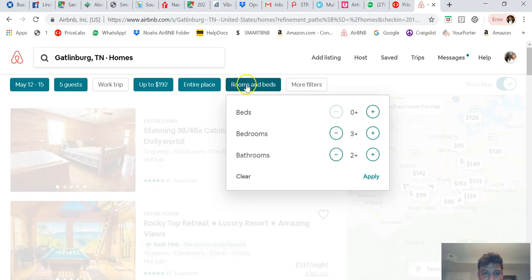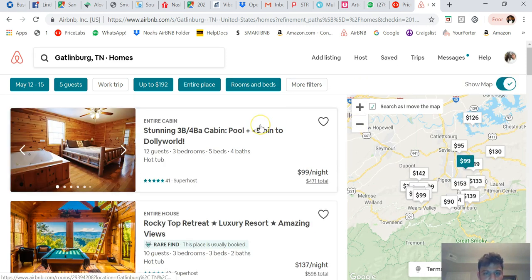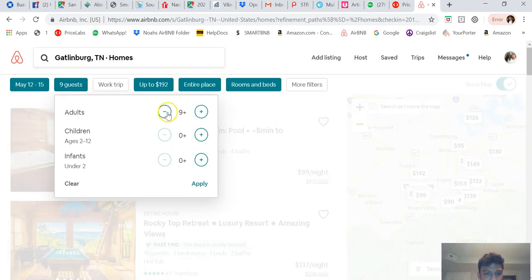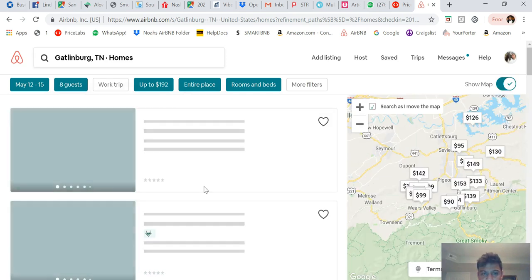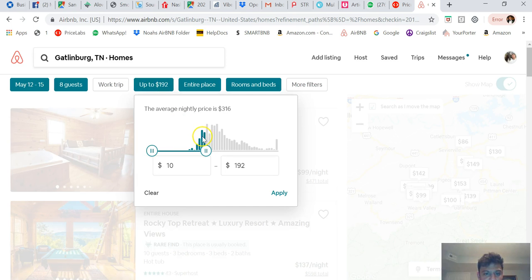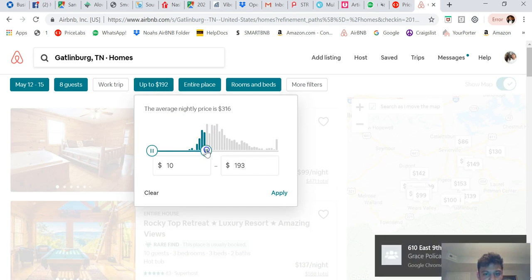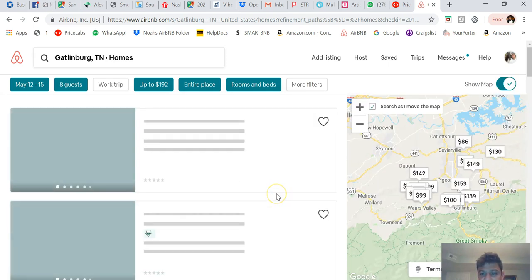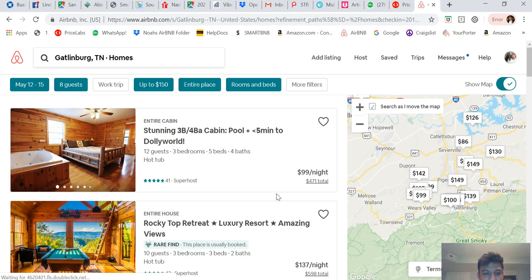So let's say at least 3 beds and 2 baths. Okay. Now let's say eight guests. It's the bigger properties. Then we can safely say we're not going to increase our price past 150, given it's this late in the season.